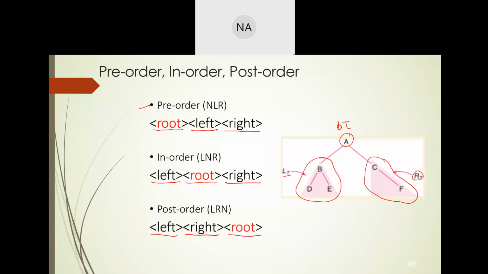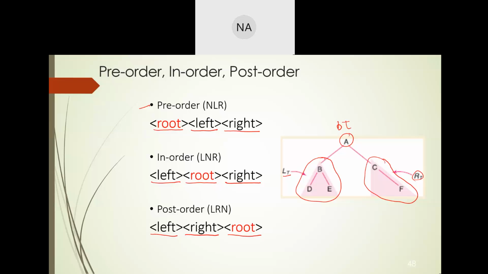So you can see that all these three algorithms have the same number of steps, three, and all those three steps are also the same. That is visiting the root node, visiting the left subtree, and visiting the right subtree. The only difference is the order in which they are visited.